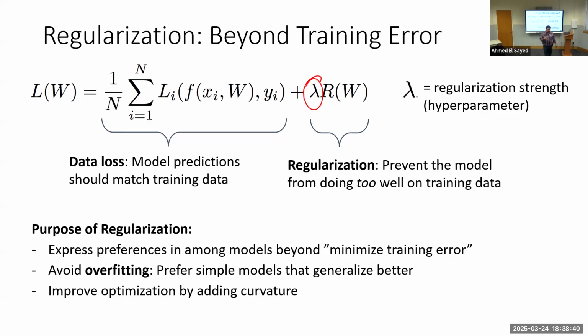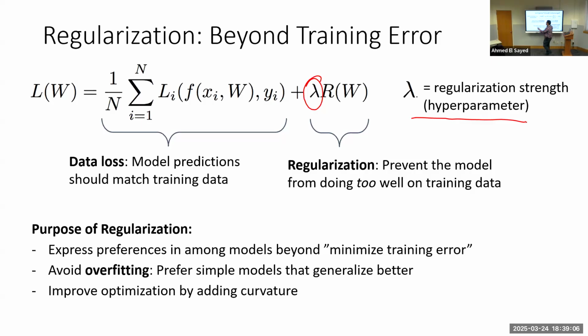This lambda and many other parameters that we'll add in the future are called hyperparameters. If you hear this word, hyperparameter, this means a parameter that you choose on your own. It's not something that's generated for you. Okay? So this hyperparameter, you choose it as a designer to give priority to one term over the other.